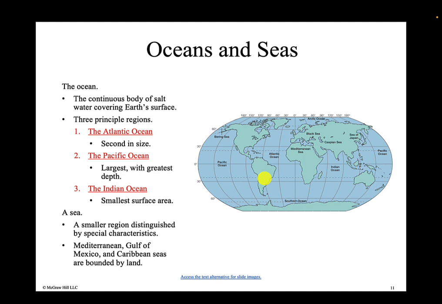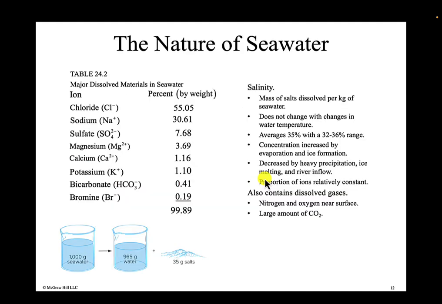The seawater, as you can imagine, has a lot of salt, but the salts present in the seawater are different. So seawater has mainly chloride and sodium, which make up sodium chloride, the table salt that we use for consumption. But we also have other chemical components in that water, such as bicarbonate.